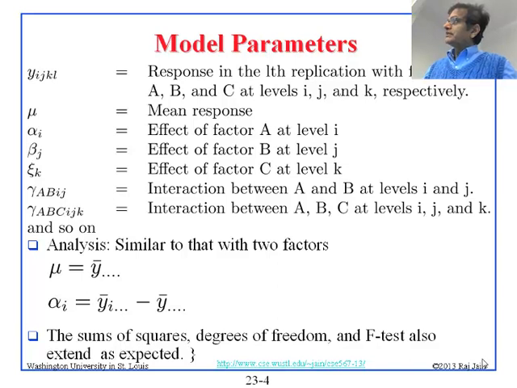If you take the mean along dimension i, you get alpha i. If you take along the second dimension, you get beta, and so on. Whatever dimension you take the mean along, you get that effect. And you can get the sum of squares for each of these effects and interactions, and you can get the F test exactly as before.